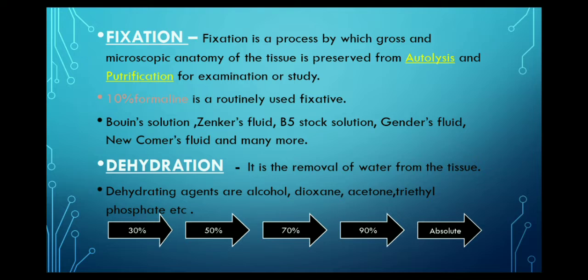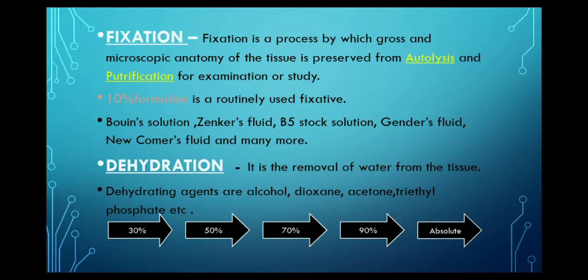Fixation is a chemical process by which biological tissues are preserved from decay. Why is it so important? Why is it so necessary? Why do we do fixation? And the answer is, when the tissue is removed from the body, the blood supply to it is cut off. As a result, the cell undergoes complete disintegration due to autolysis and putrefaction.